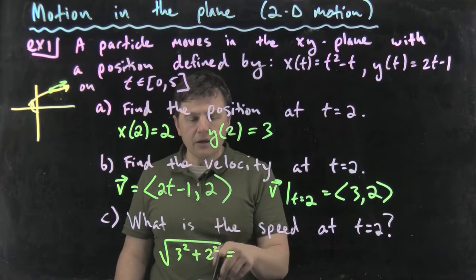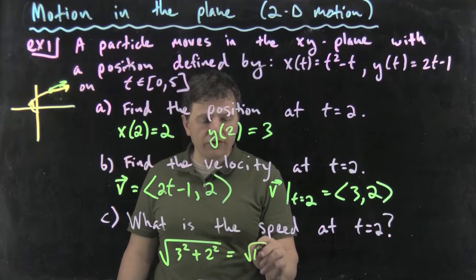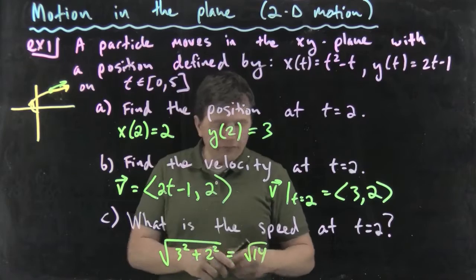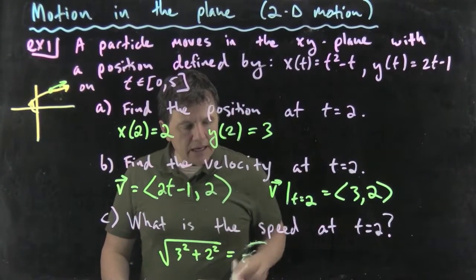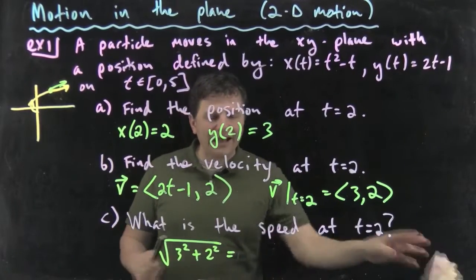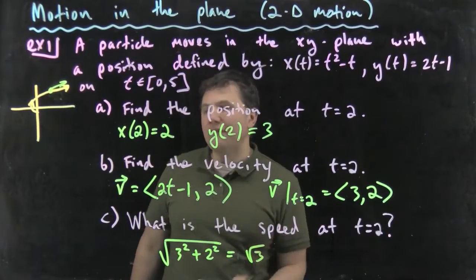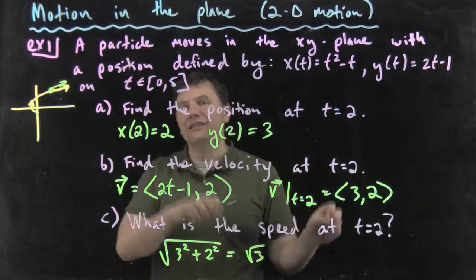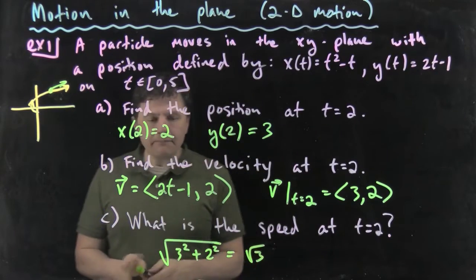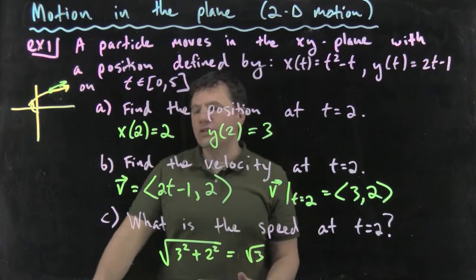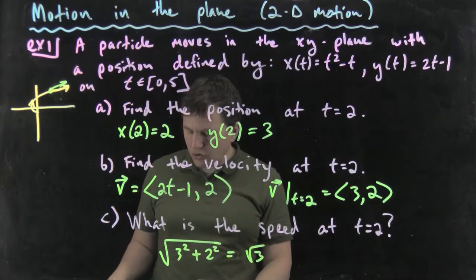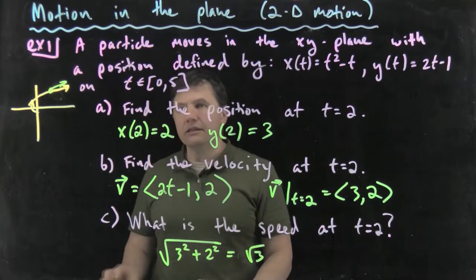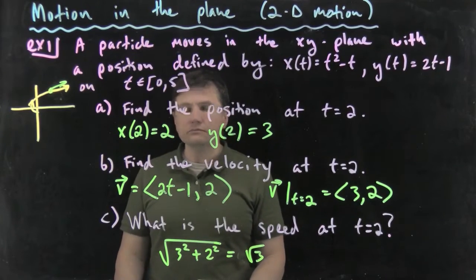So that's 9 plus 4, which is the square root of 13. And that is our magnitude, in other words the length of that vector. It shows you how fast it's going. All right, so that is the first 3 things we're looking at. Next we're going to look at the acceleration and then the total distance traveled.